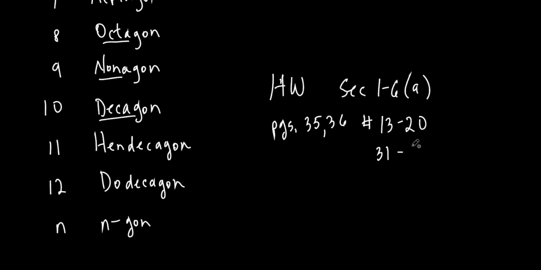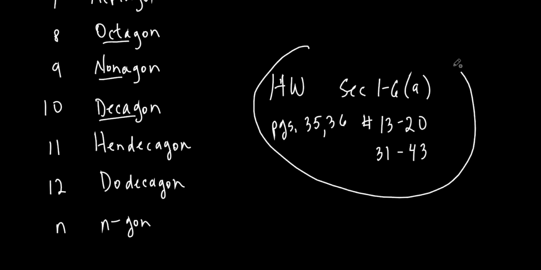Do as many of these as you can. If you get to a point you're like, oh, we didn't talk about that stuff, then don't do them, okay? Just do the ones that we've talked about in here, all right? So we'll call it 16A. So 13 to 20. I have a feeling that 31 to 43 we haven't gone over yet. My guess is we've probably talked about 13 to 20. Okay, so at least do 13 to 20.